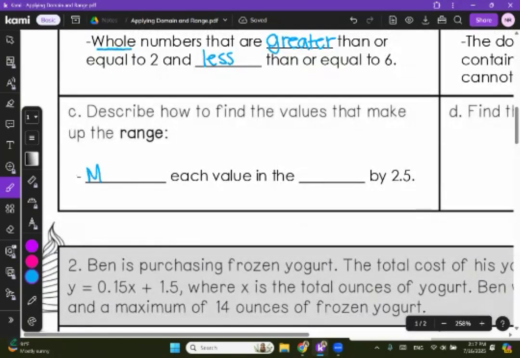So you're going to multiply each value in the domain by 2.5. In other words, x times 2.5. X can be 2, 3, 4, 5, 6.